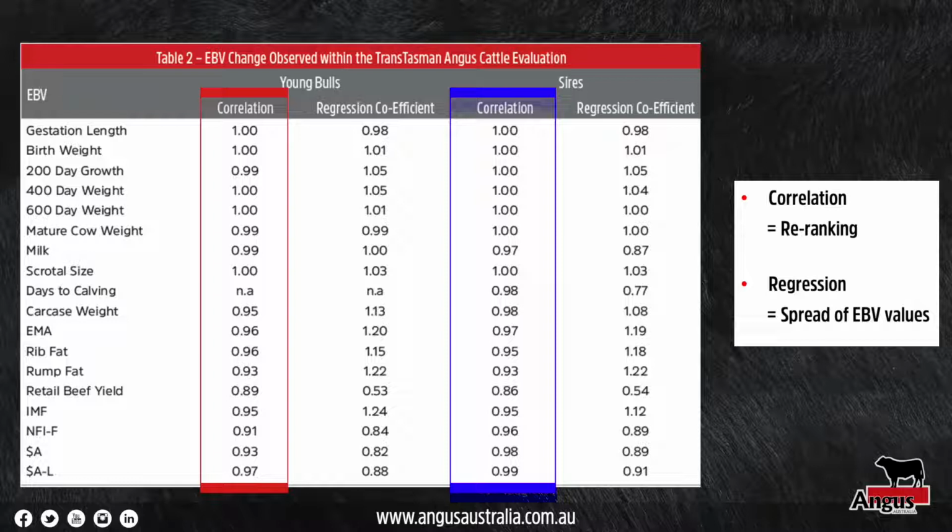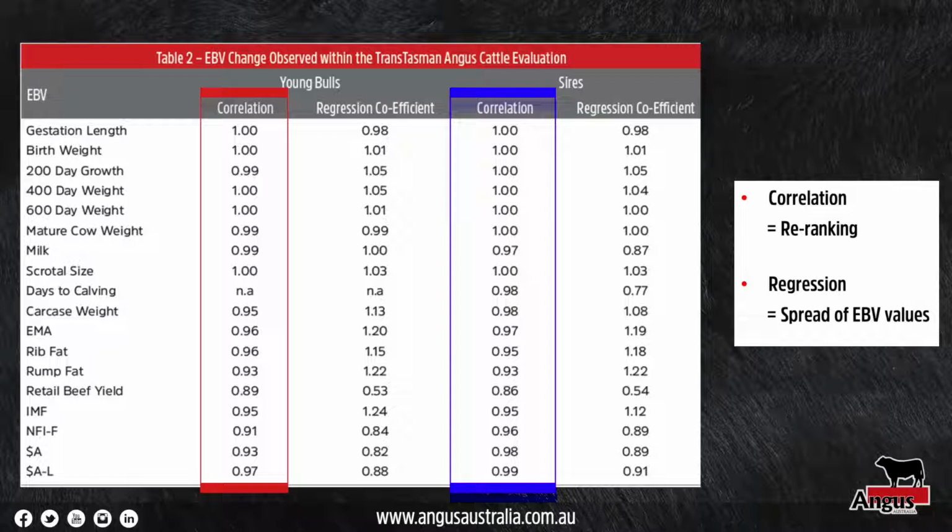And a correlation of 0 is, by definition, no relationship between how animals rank on the previous and the new set of EBVs. So the first thing you'll see if you look down those columns is the general alignment of the EBVs. The correlations are all close to 1. They're all above 0.85. So there's general alignment, but for some particular traits there is a significant re-ranking.